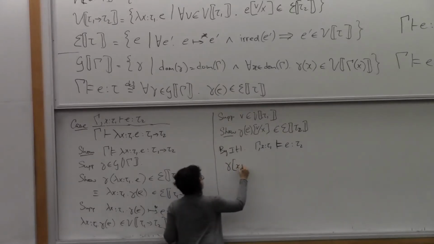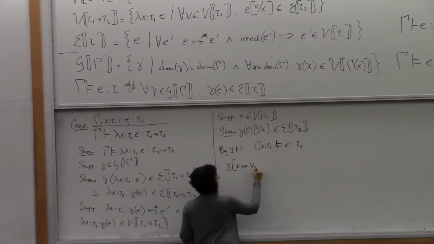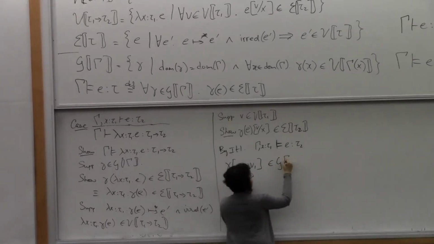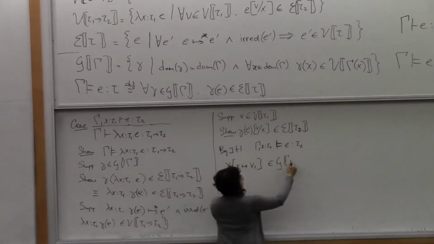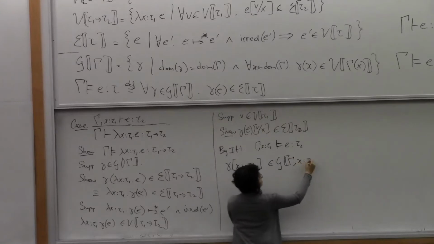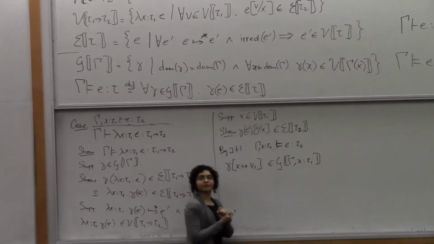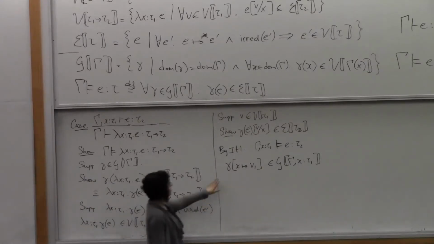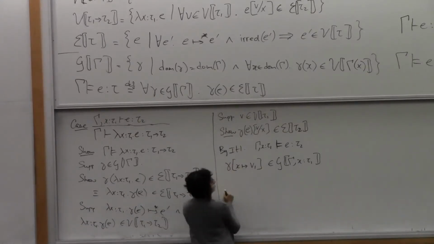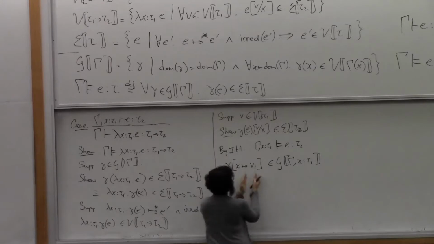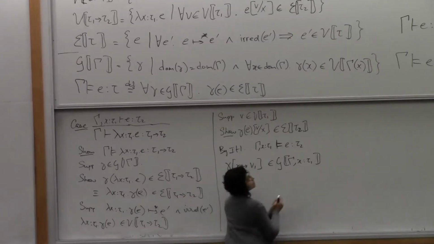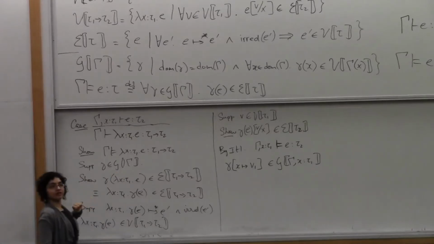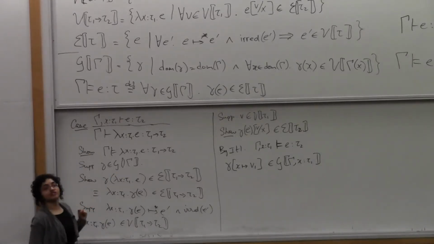So gamma extended with x mapping to v1, what we want is to show that it satisfies the extended environment, gamma with x colon tau 1. In order to show that, we just need to observe that gamma alone belongs to G of gamma, and v1 alone belongs to V of tau 1. We have both of those facts here and here, and that's all we need, looking at the definition of G of gamma.